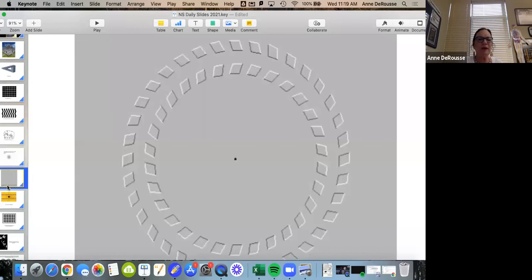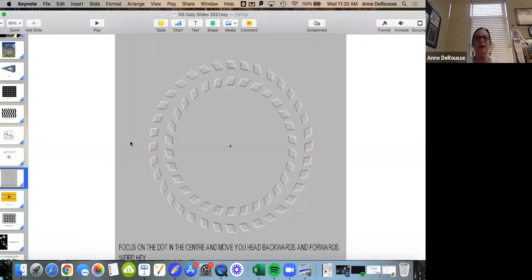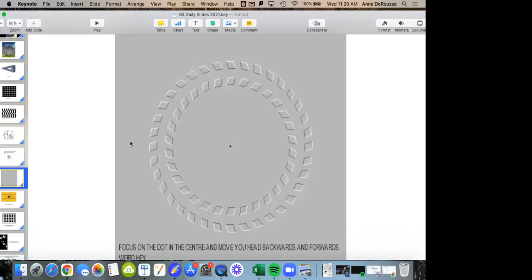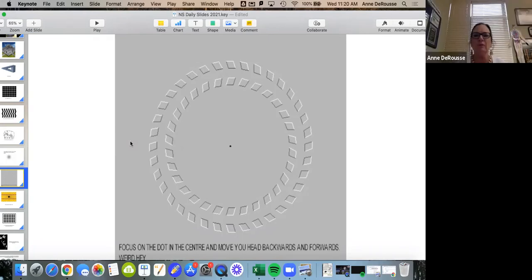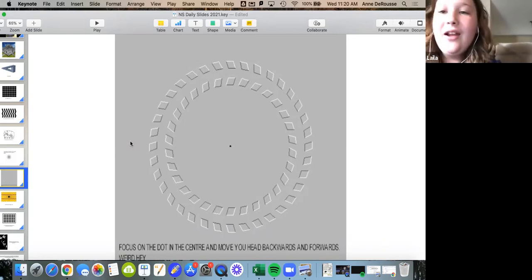Move your head back and forth. Focus on the dot. Move your head back and forth. No, not sideways. Up and down. Up and back, to the computer and away from the computer. Okay. Oh, it's moving. Yep.